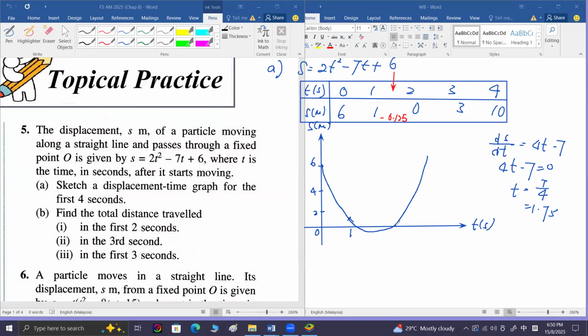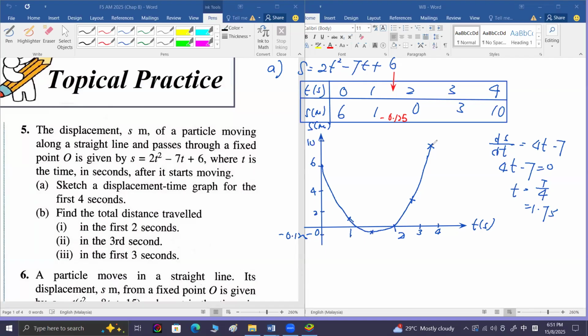T is 2, 0. And here, this value is negative 0.125. T is 3, now you get 3. T is 4, I sketch only, I get 10. This point makes 10. Okay?